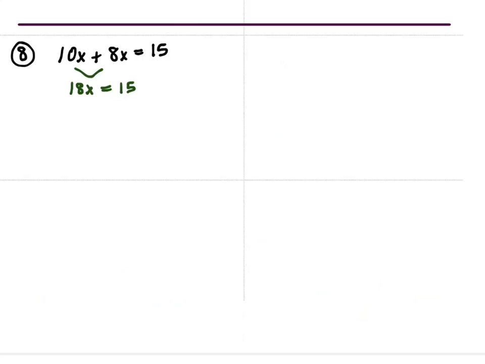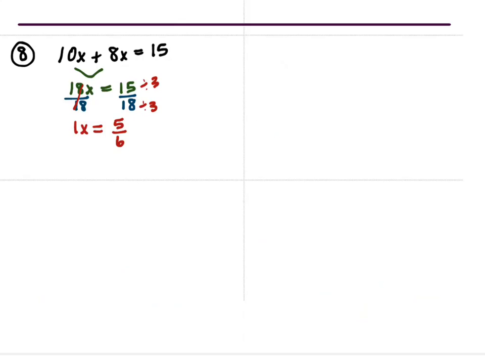I'm going to divide both sides by 18. So once I do that, I'm going to be able to cancel the 18 over 18 and give myself 1x. And I'm going to see that 15 over 18 is something I can also reduce in a fractional form by 3, and that would give me 5 over 6.